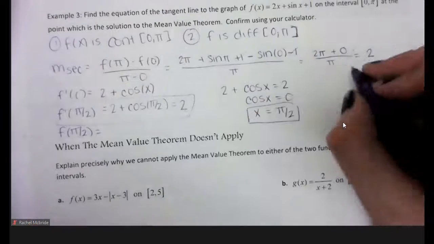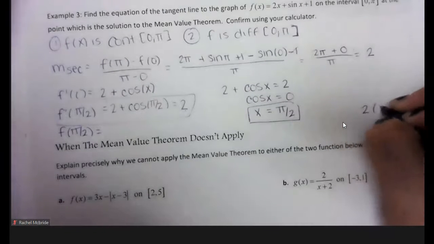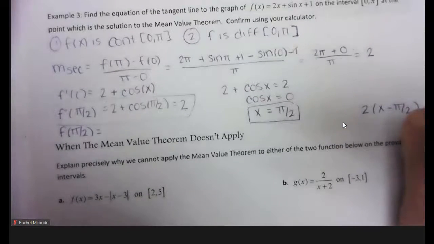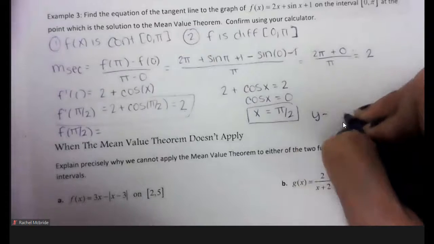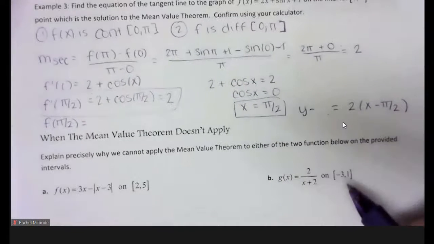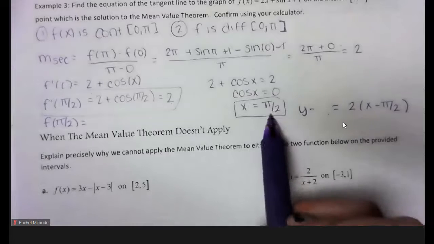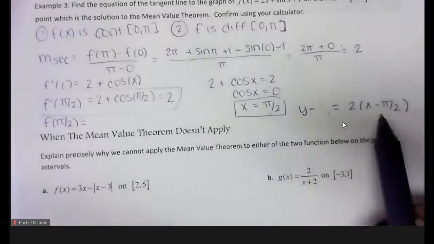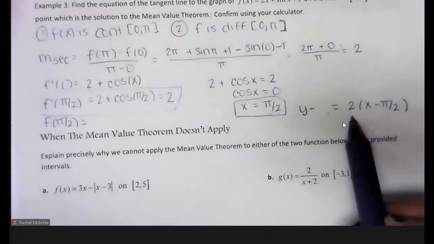So I know my slope, I know my x, I need my y value. So pi over 2 isn't your slope, pi over 2 is the x coordinate for which the slope is 2.